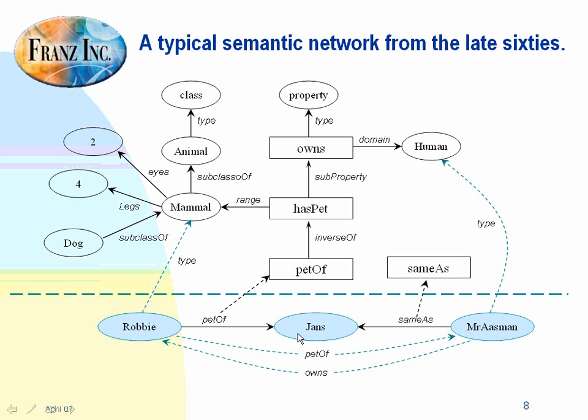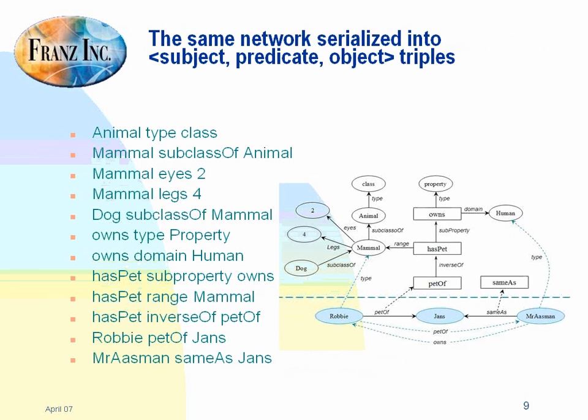So, for example, there's a node called Jans, and there's a node called Mr. Aasman, which is actually the same as Jans, and there's a thing that is a pet of Jans. I'll get back to this example later, but this is a semantic network, and computers, of course, need to serialize these things before they can reason over them. So what you need to do when you want to do something with these networks is you create triples.